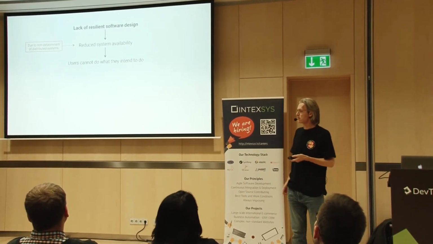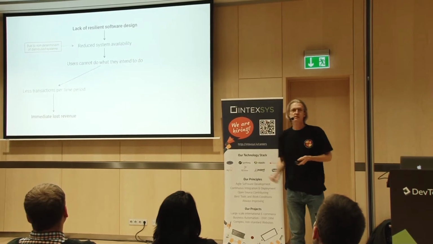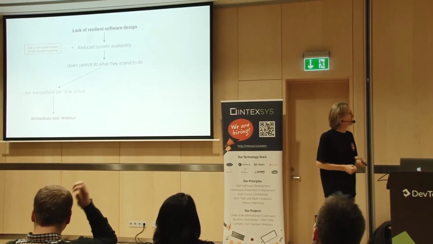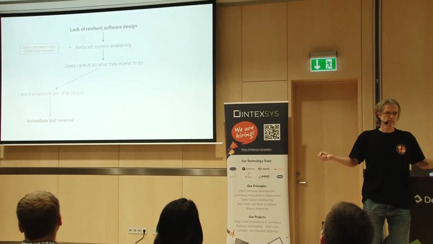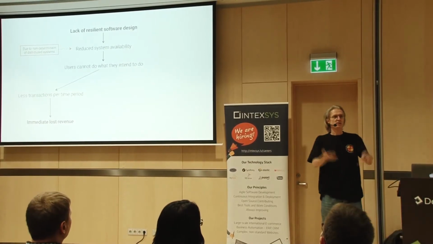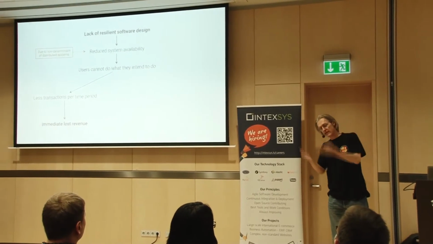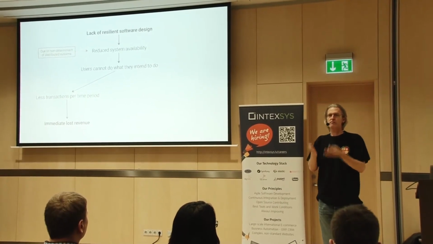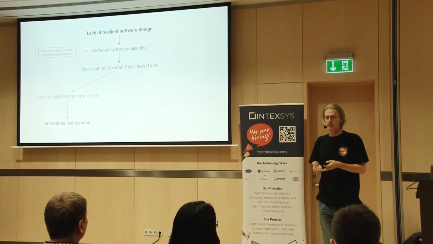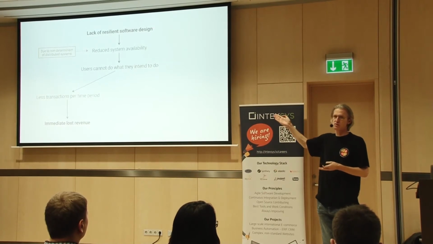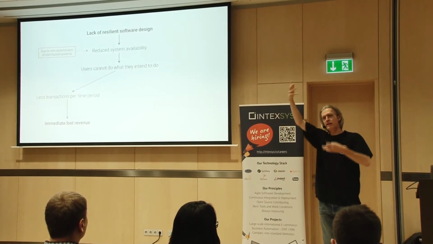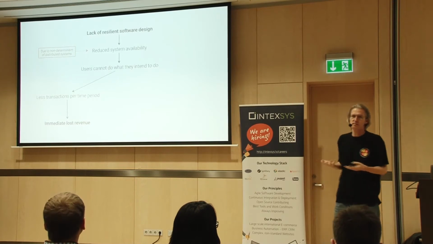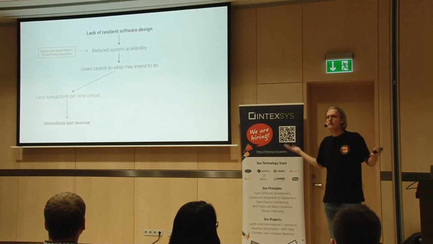And this has two effects, basically. The one is, you get fewer transactions per period. You lose money. So usually you build your systems for making directly or indirectly some kind of revenue, improving your business. And if your users can't use the system, either your internal or your external users, then you're losing opportunities.